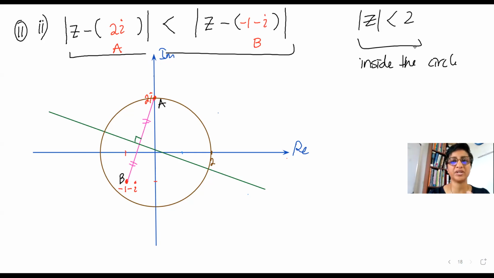They give combinations of these things. So I have to be inside the circle and on the side where A is. I have to be closer to A than to B. This distance is smaller. That means I have to be on the side where A is from the perpendicular bisector, and I have to be inside the circle.